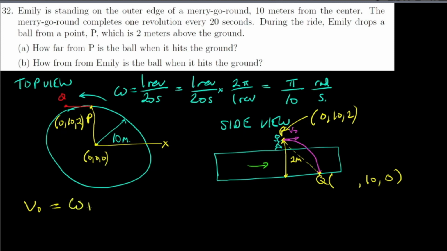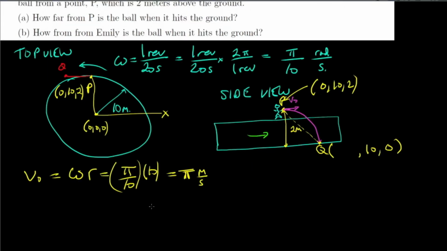Well, that's just omega times the radius. Omega, we said, was pi over 10, and the radius is 10 meters. So the initial velocity is just pi meters per second, so about 3.14 meters per second. So that's the initial horizontal velocity. So v0x is just pi, and v0y is 0.